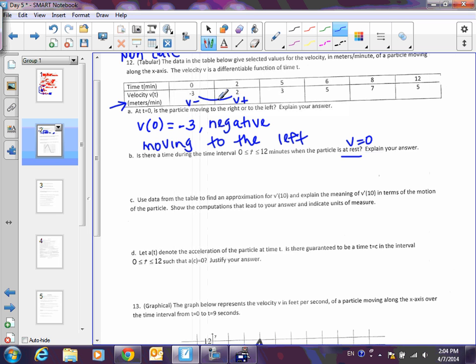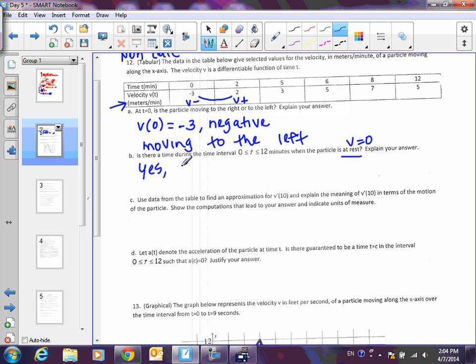And in fact, it could happen many times. This thing could be doing who knows what in between these two values. Velocity could be equaling 0 a million times, but I don't know that. All I do know is that my answer here is yes.